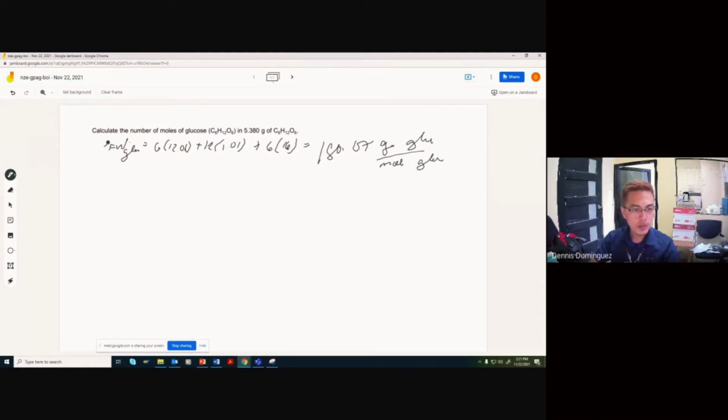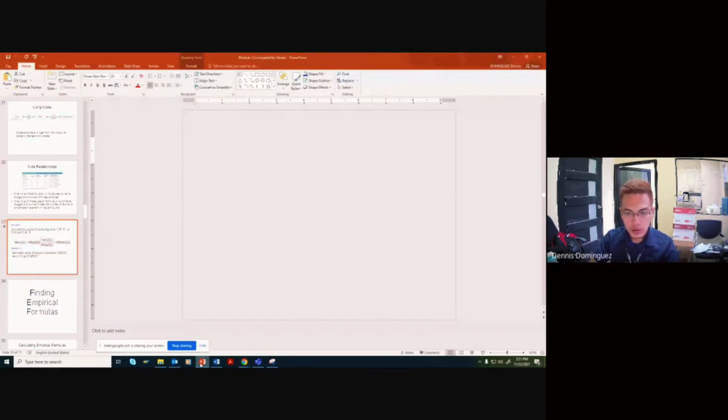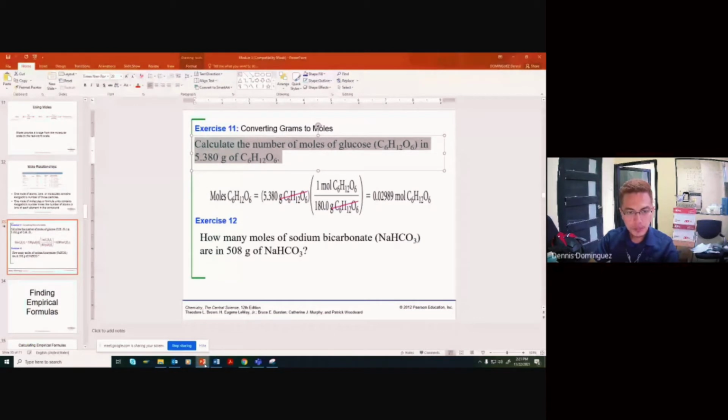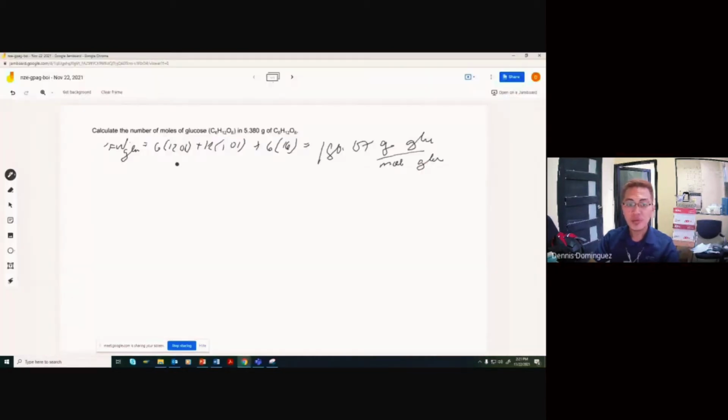So that's the formula weight or molecular weight, and its unit is grams per mole. So we'll use the molecular weight of glucose, 180. Now we get the number of moles of glucose from your initial sample, which is 5.380 grams of glucose. I'll write it as GLU instead of C6H12O6.